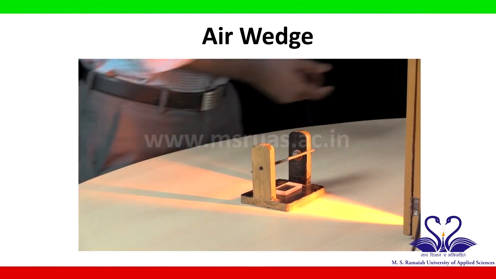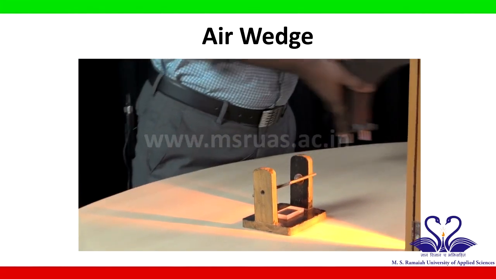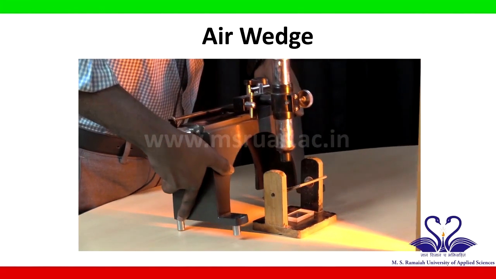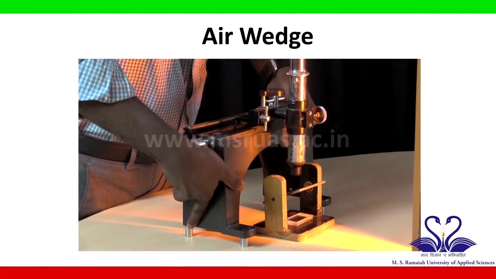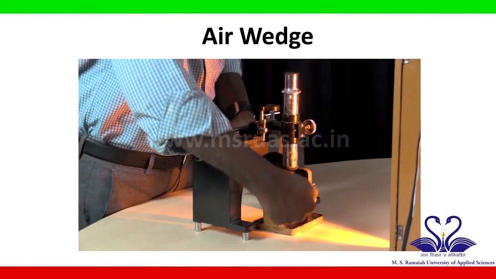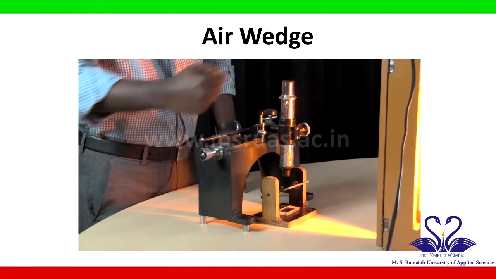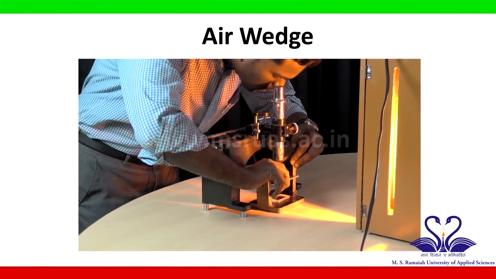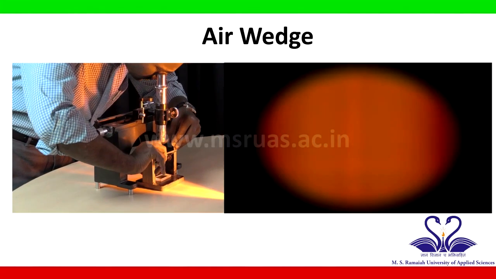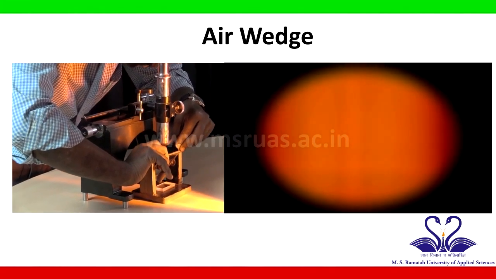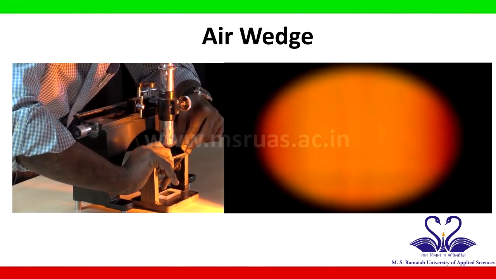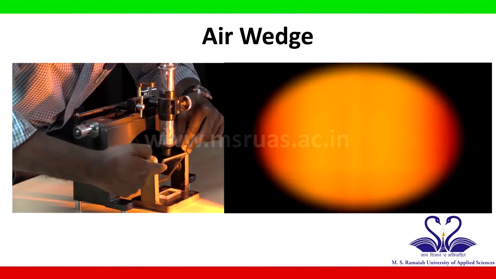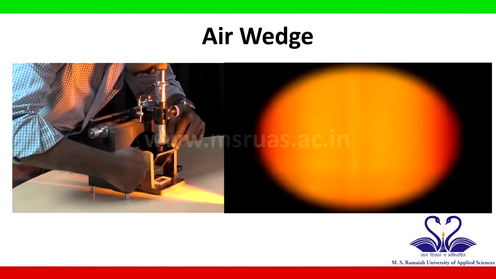Next take your travelling microscope and keep it over the entire setup. The glass plate and the air wedge setup should all be in a single line. Looking through the eyepiece, rotate the reflector till the field of view is bright. If the field of view is bright, it indicates that the glass plate is at 45 degrees.